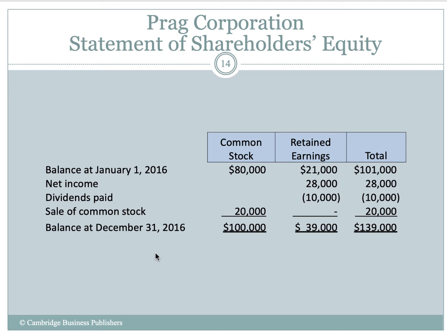And we see that the retained earnings actually changed, right? We started off with $21,000. I'm looking here in the middle. We add our net income. We subtract out any dividends paid. We see that the balance of our retained earnings at the end of the year is $39,000.